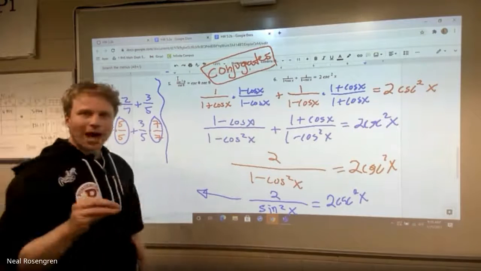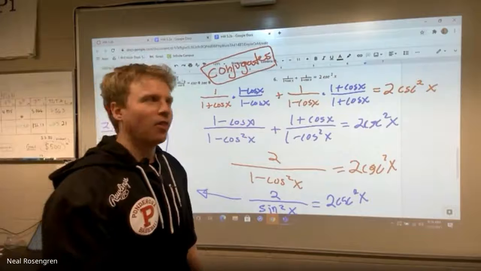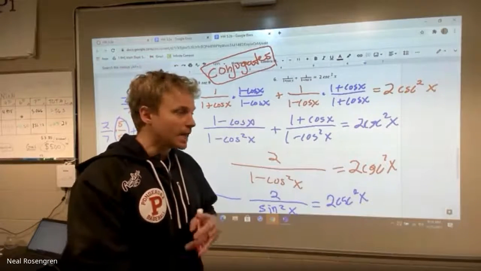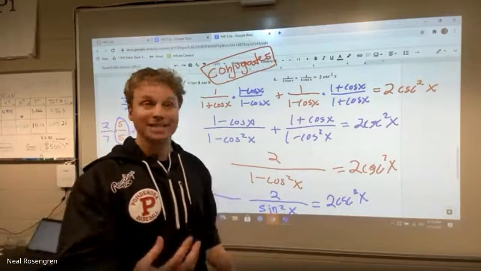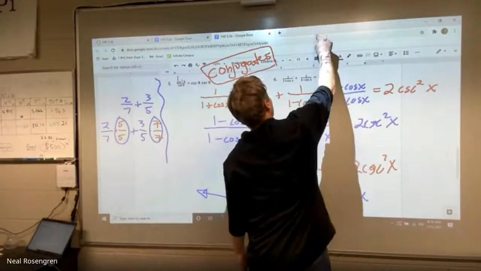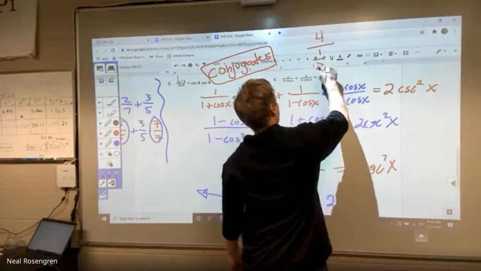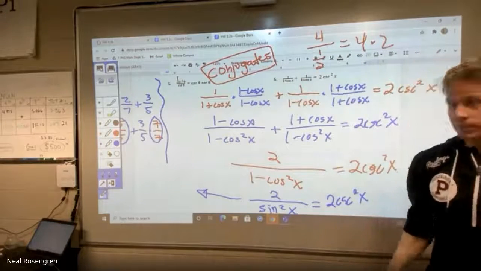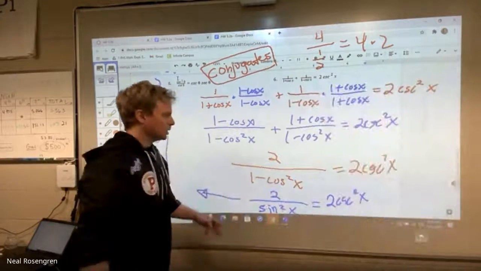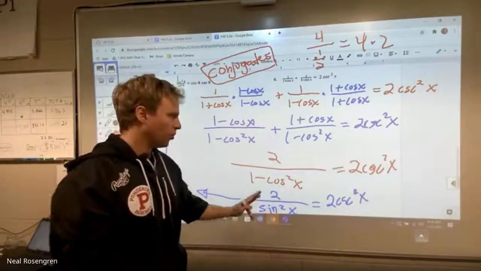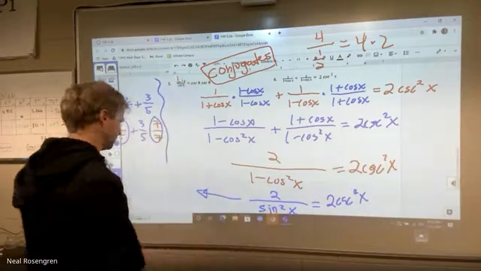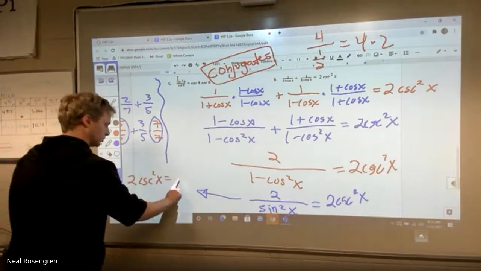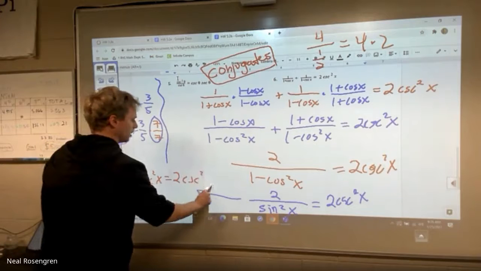If you have a denominator that is the reciprocal of something else, get it out of the denominator and take the reciprocal, right? 4 divided by 1/2 is the same as 4 times 2, right? Same thing here. 2 divided by the reciprocal of cosecant. Okay, so 2 cosecant squared x.